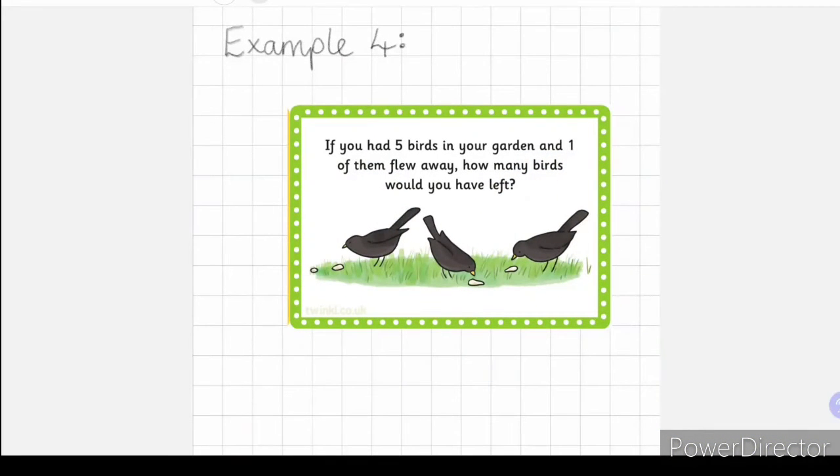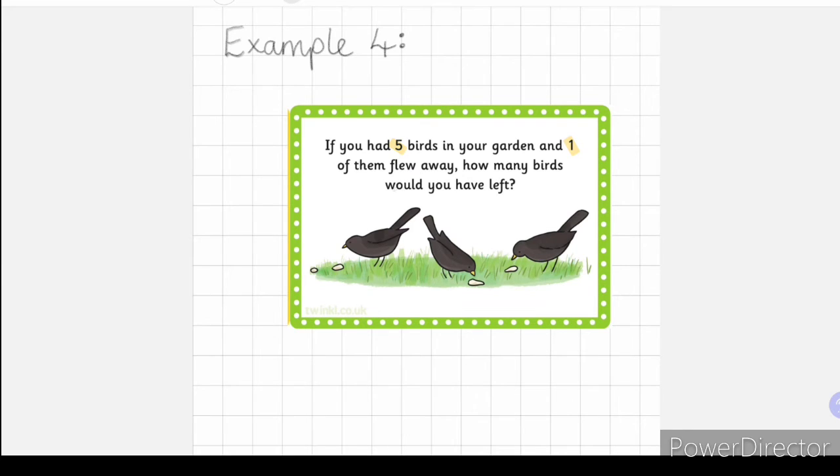This next example is an example of a different type of question. So the question says, if you had 5 birds in your garden and one of them flew away, how many birds would you have left? The important bits of information in this question are the number 5 and the number 1, and then this bit here.